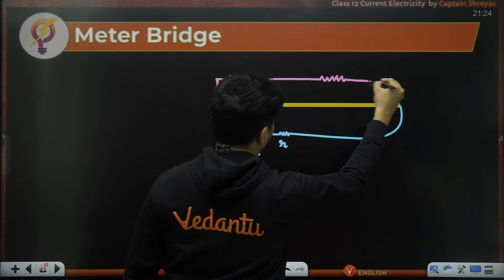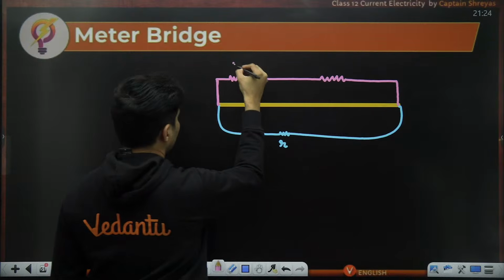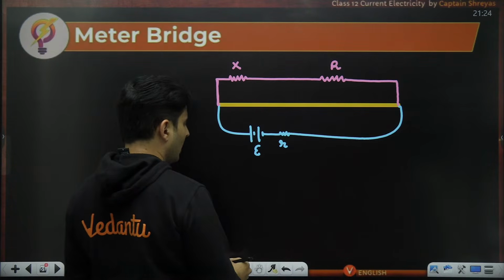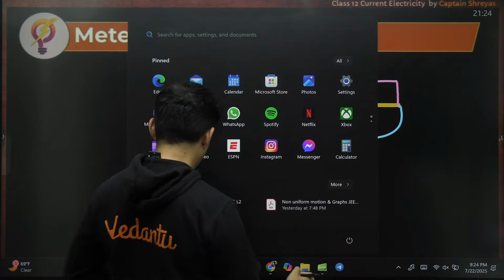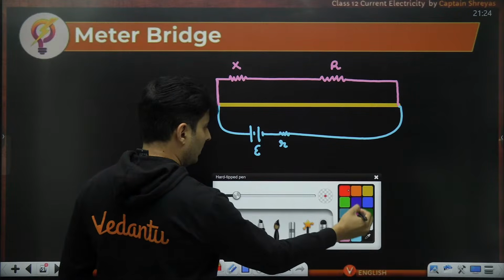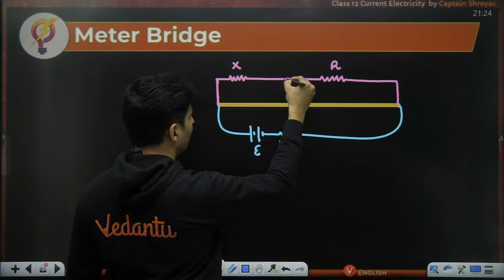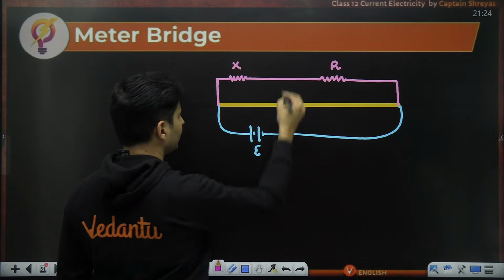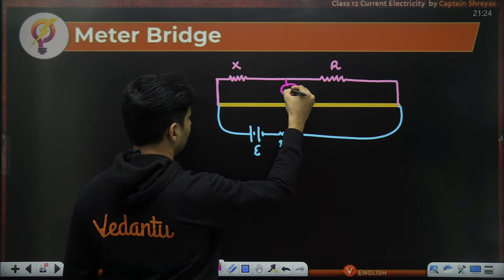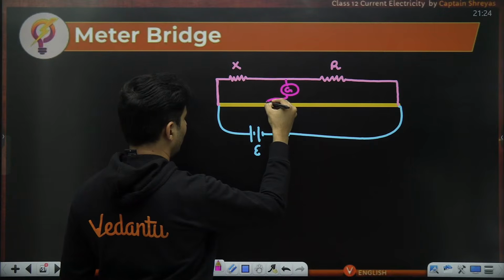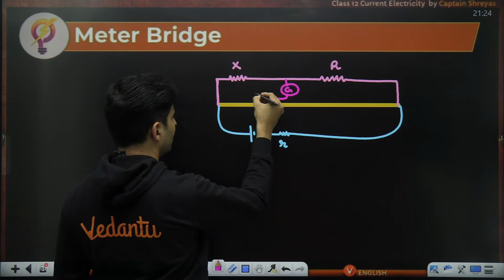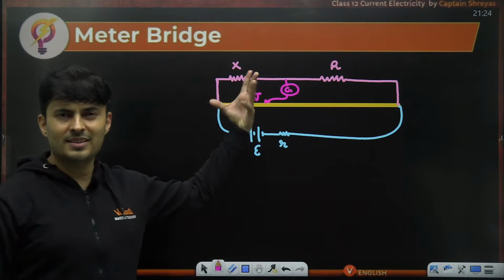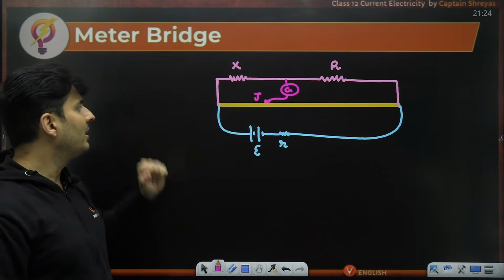Here you have that known resistance. This is X, which is unknown. This is the standard resistance. And the galvanometer is connected from between, like this. You connect it at different places, touch it, and see where it shows null deflection. This is the schematic diagram of a meter bridge.